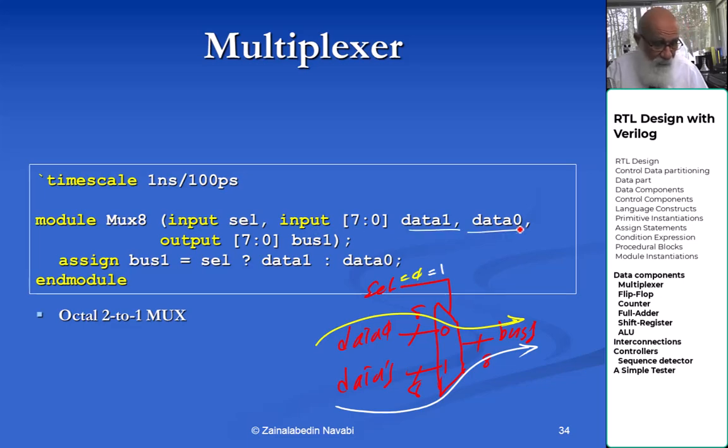If you have another input that is not of this size, let's say a 3-bit input, then you have to have another input declaration, then the square bracket, then the other input name. And I'm using an assign statement here. Usually if you have timing, you also include the time scale here, which in this case I don't. When we get to a test bench, we will have timing there as well.